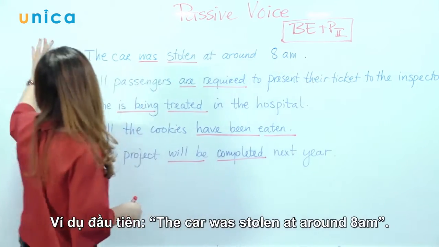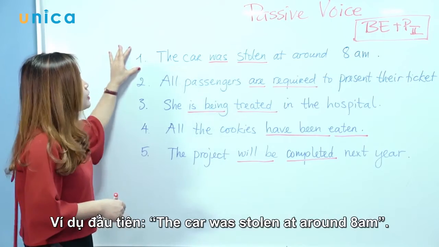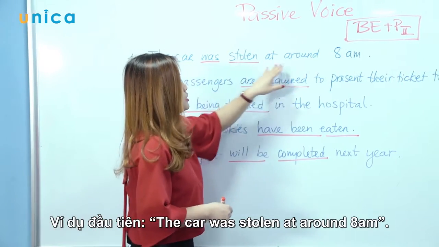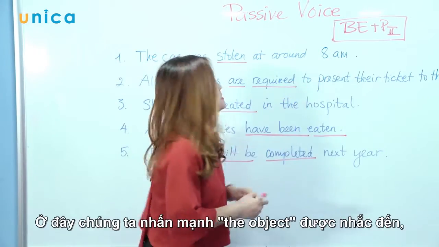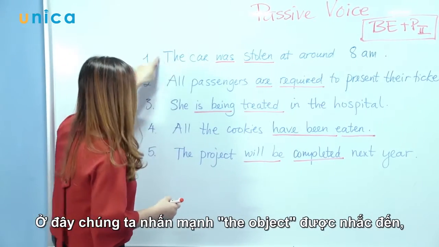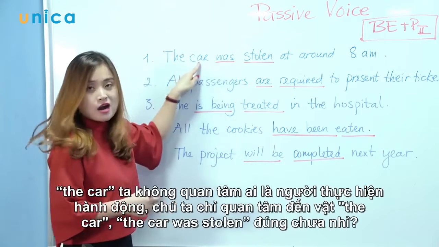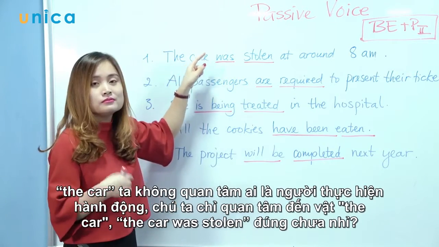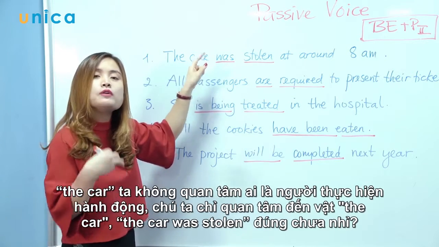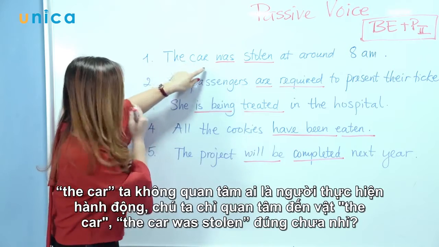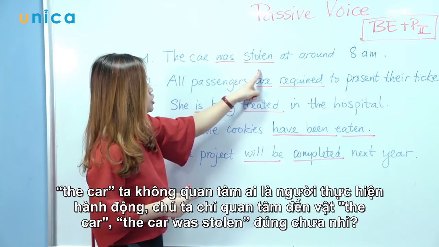Now, the first example. The car was stolen at around 8 a.m. So here, we stress the object, right? The car. We don't care much about the person who performed the action. We care about the object. So the car was stolen.